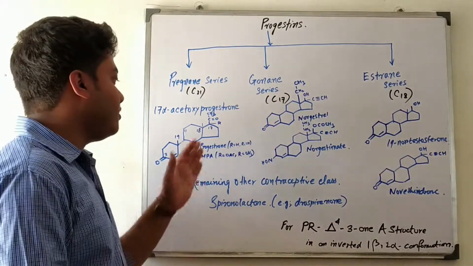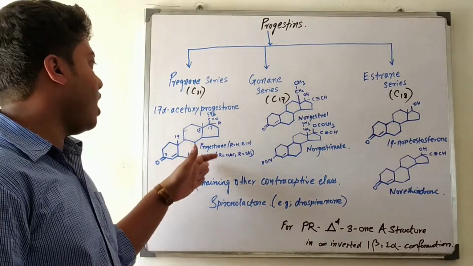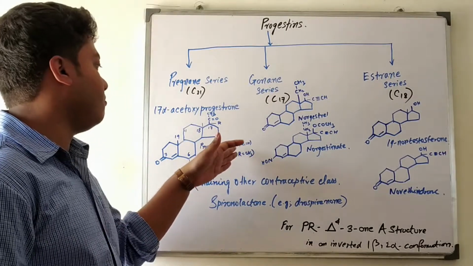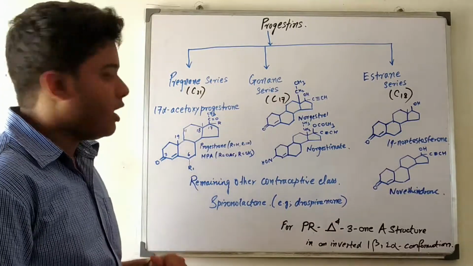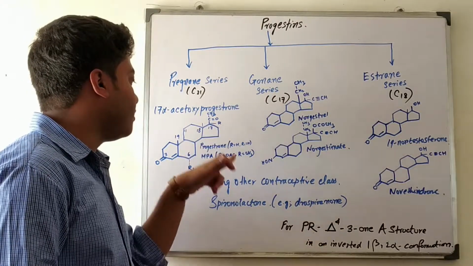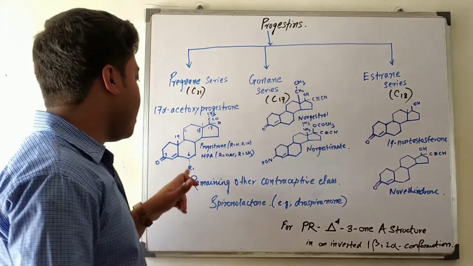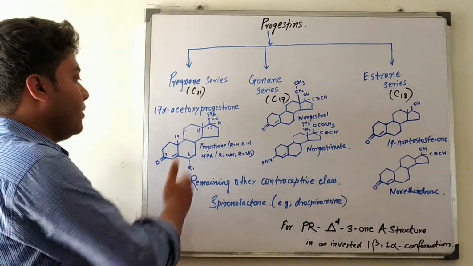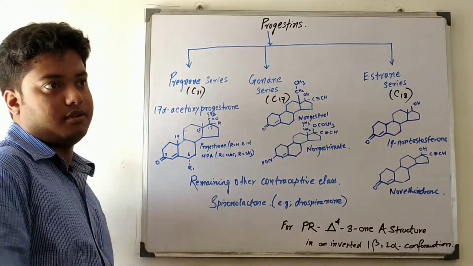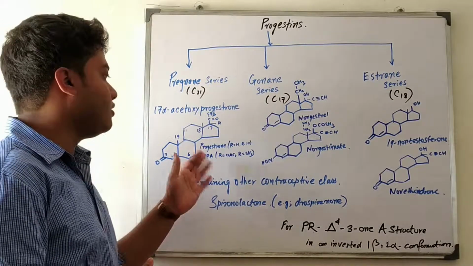There is a difference in the structure, as you can see here, in the R groups. In progesterone, both R and R1 are H, and in medroxyprogesterone acetate, one R group is an acetoxy group, and in R1 we have a CH3 group. Medroxyprogesterone acetate has a much longer activity, it is very potent, and it can be administered intravenously, and it is longer acting than progesterone.